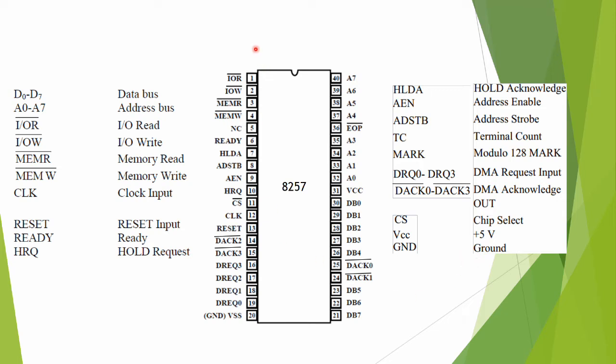And these are as per the pin diagram that is shown in front of you. So this is the 8257 DMA controller, which is a 40 pin IC.